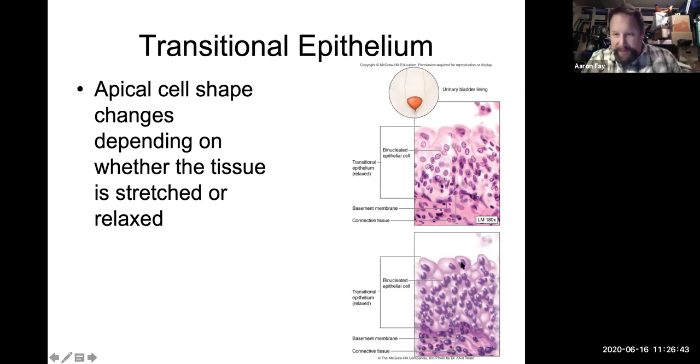Also, sometimes you will find binucleate cells, or cells that have two nuclei. The example is right here in the cartoon version: one cell, two nuclei. Also probably right here, one cell, two nuclei. You don't always see them, but it's just another little indicator to let you know that you got it right.